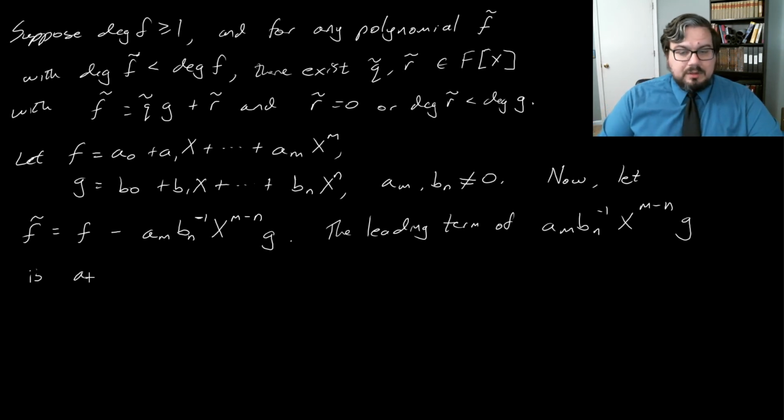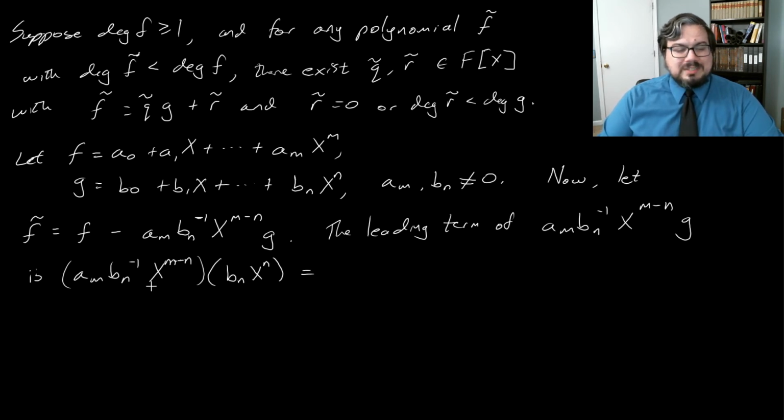And so the leading term of this polynomial here is going to be am bn inverse x to the m minus n times the leading term of g, which is bn x to the n.